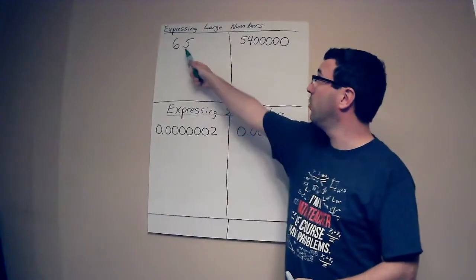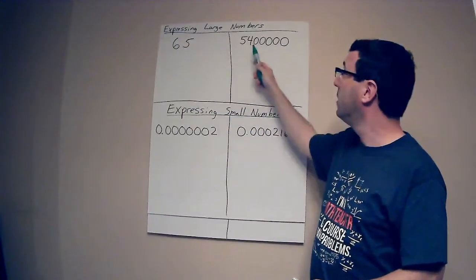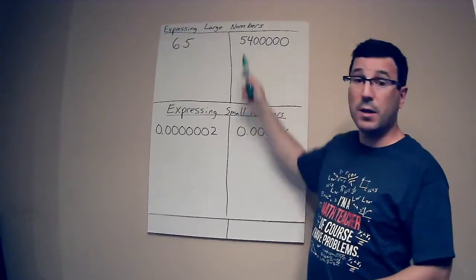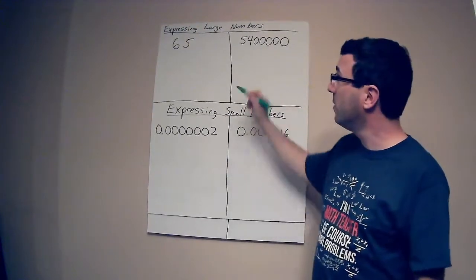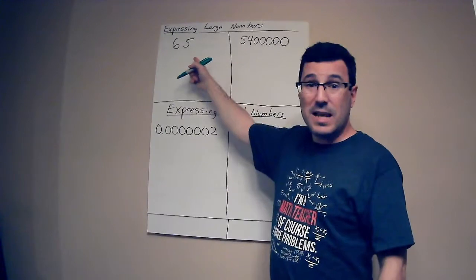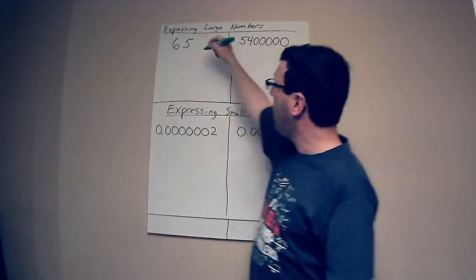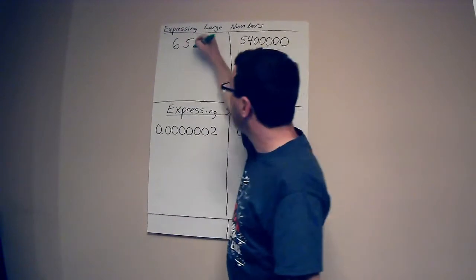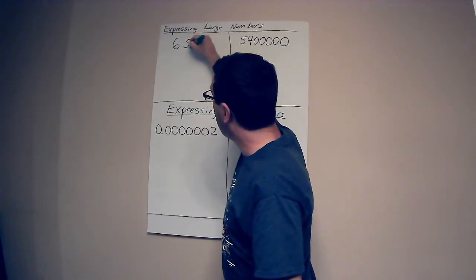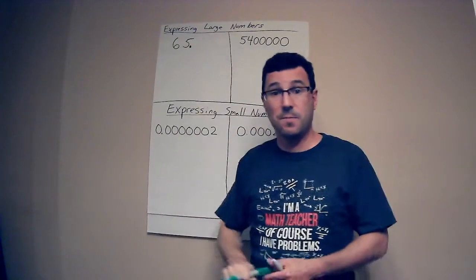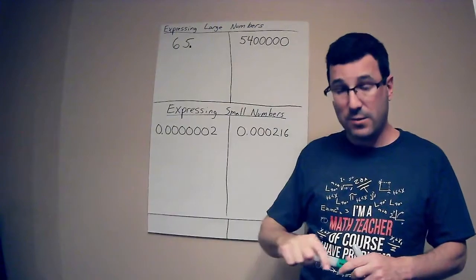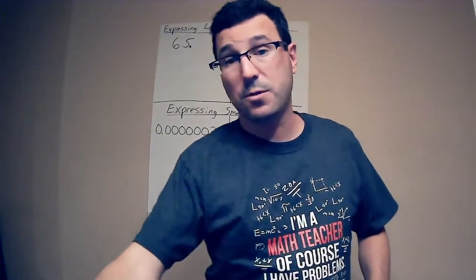So here are two large numbers, 65 and 5,400,000. When I look, I don't see a decimal there. What I have to do in the case of 65 is I have to put a decimal at the end. Okay? So now I have 65 with a decimal afterwards.